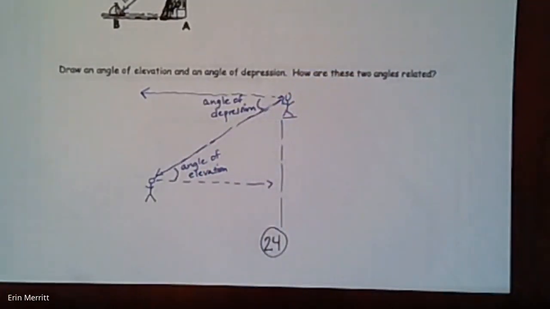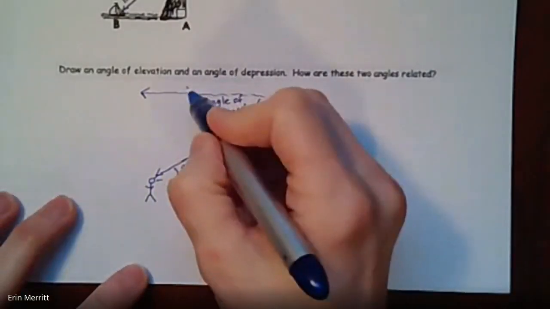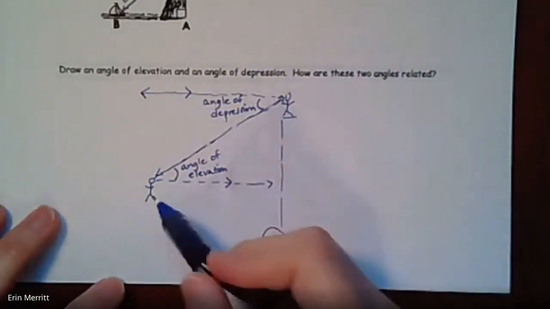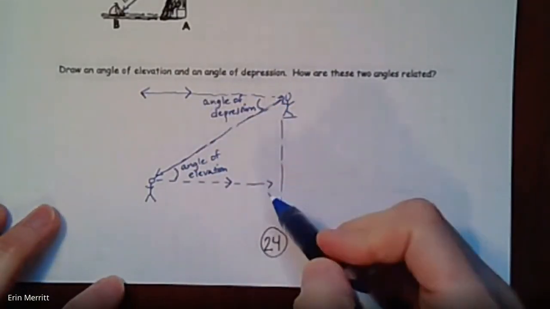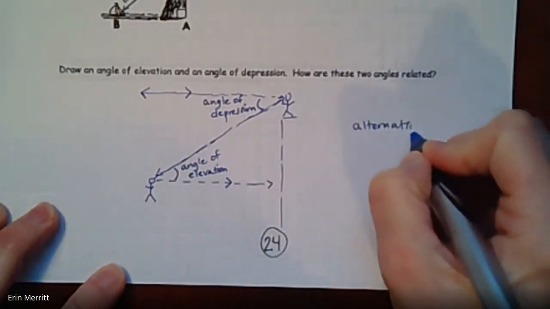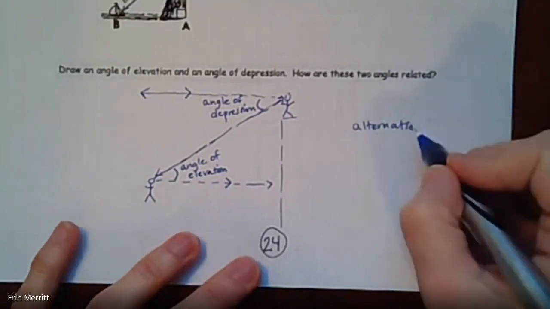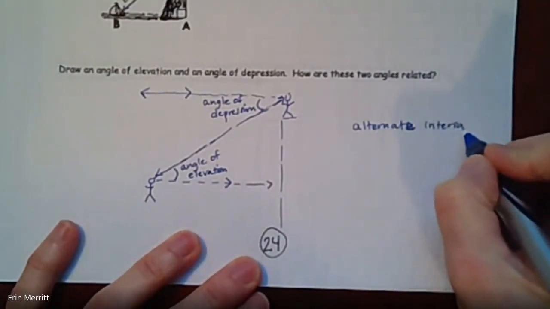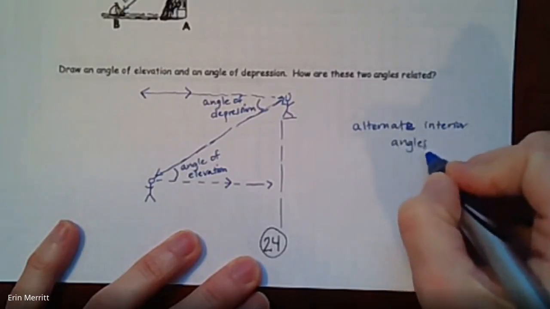Both of their horizontal lines of sight are the same slant, so they're parallel. With these parallel lines, I see that Z shape, so these are alternate interior angles.